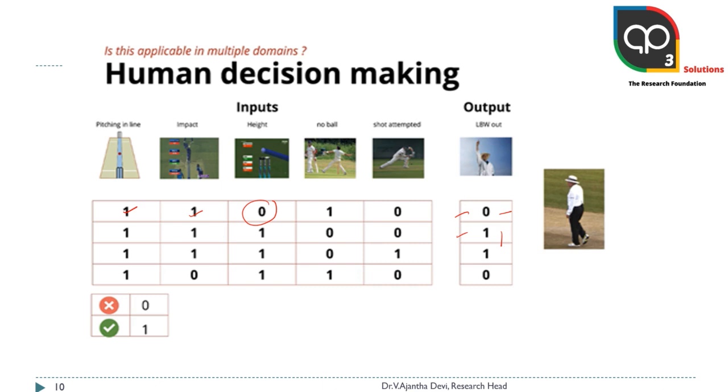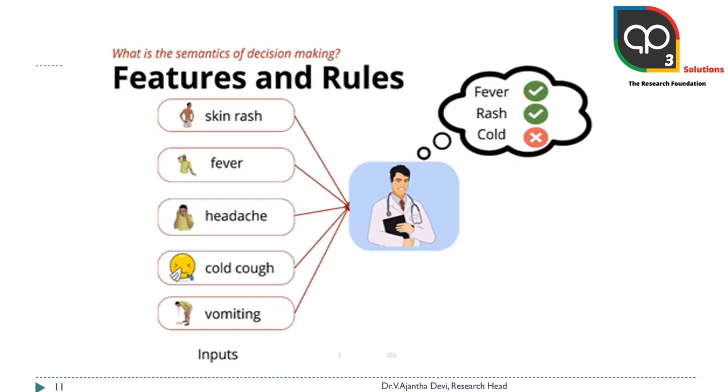So now what is it that we are using to make these decisions? We want to understand the semantics of decision making, and there are mainly two things: one is features and the other is rule.